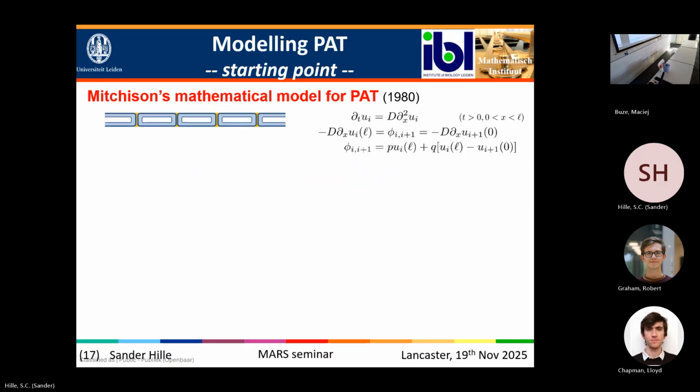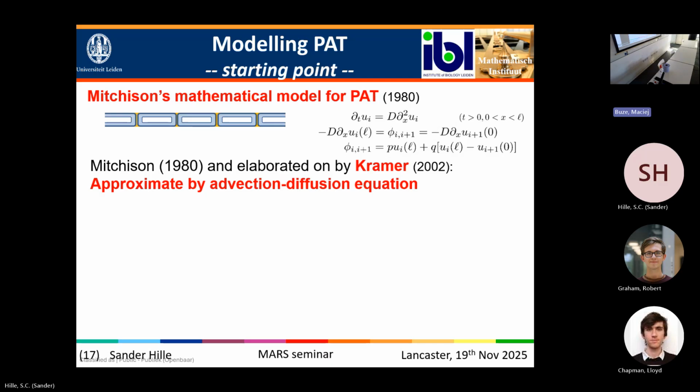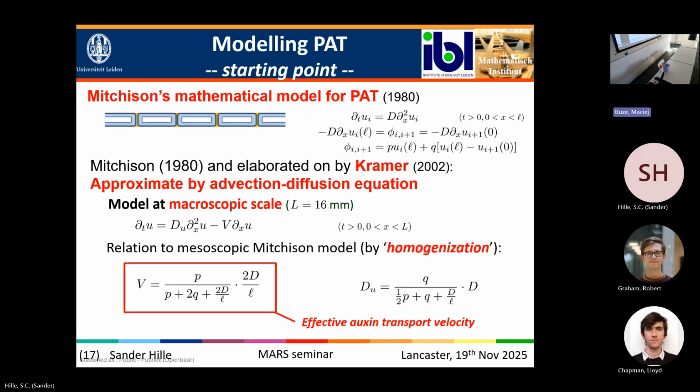If you make this into a whole system of coupled diffusion equations, then around 2000, Eric Kramer started approximating this by a single advection-diffusion equation. That's not so new, but he was able to compute the effective velocity and the effective diffusion in this microscopic view of the transport in terms of the underlying parameters.